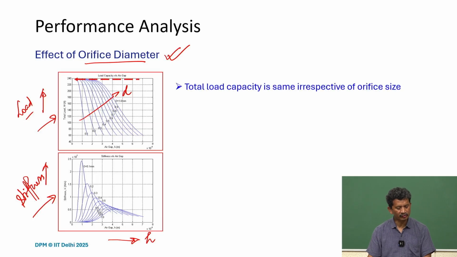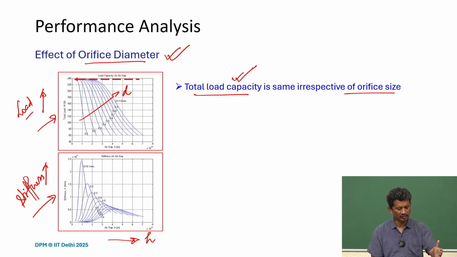One thing we observe is that the total load capacity is the same irrespective of the orifice size. As we load the air bearing, it doesn't matter how big or small the orifice is; as we start putting the load, the air gap gets reduced, so the pressure distribution will be more or less very similar, and that's why I think the total load capacity may not change.